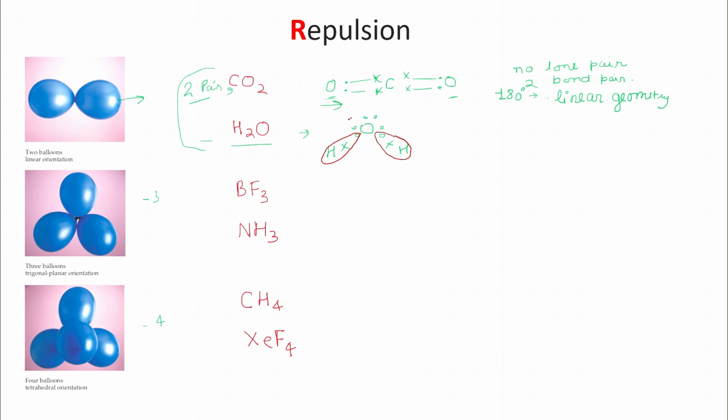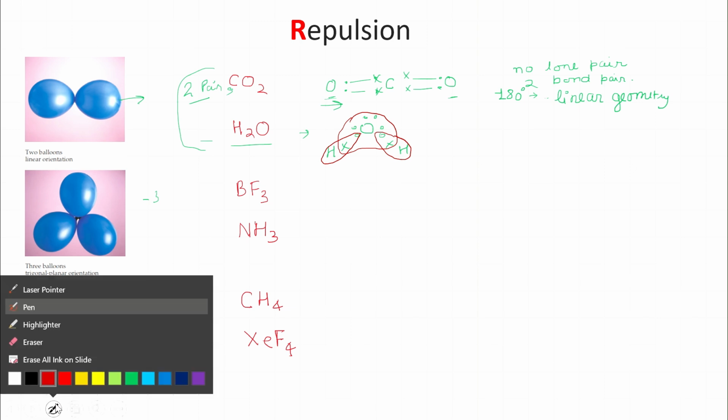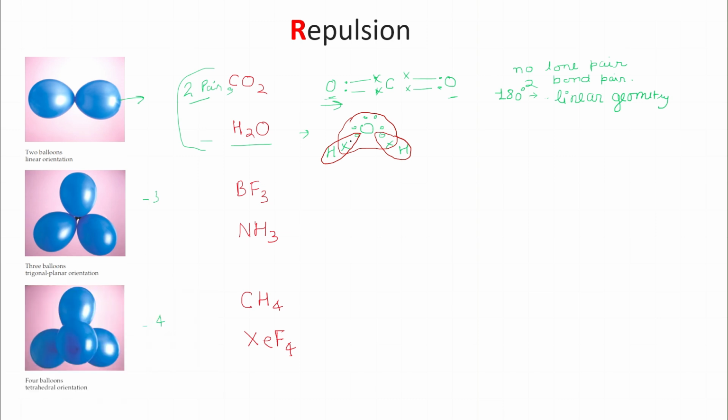This hydrogen is happy. Okay, but what is different this time is we have this lone pair here and this lone pair here. So what do we have? We have 2 lone pairs and 2 bond pairs.